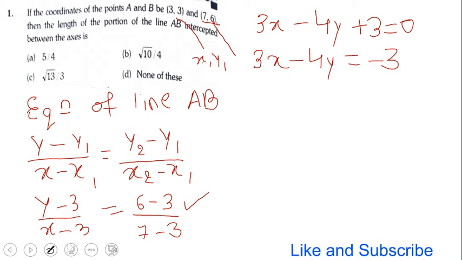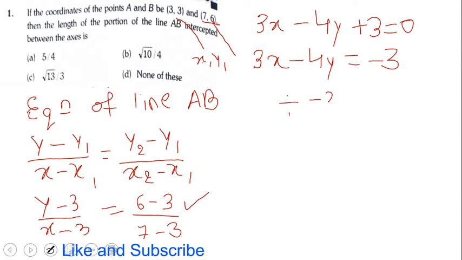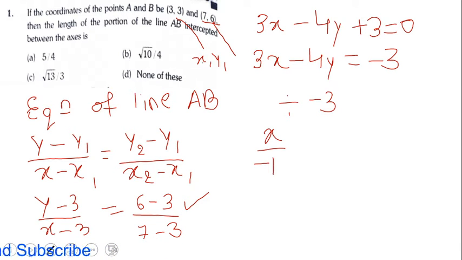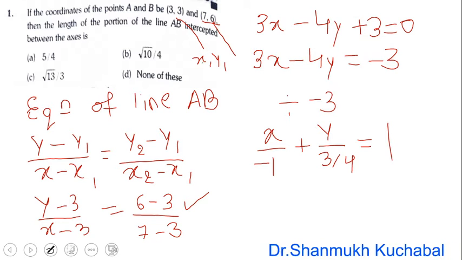Further we have minus 3 on the RHS, so we divide by minus 3 to make the RHS 1. So dividing by minus 3 we get x divided by minus 1 plus y divided by 3 by 4 equal to 1.